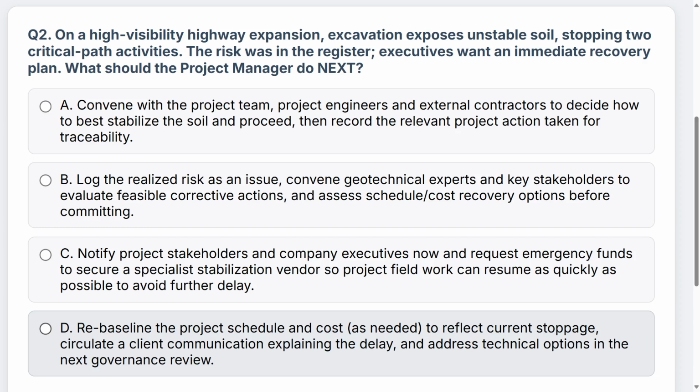So that should come first, not option D. Let's look at C. Notify project stakeholders and company executives now and request emergency funds. Now, that's not a bad thing to do if indeed you understand what kind of emergency funds, if any, you need. Talking about a stabilization vendor right off the bat without effective assessment of the problem is not the way to proceed.